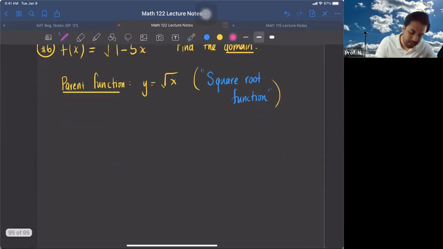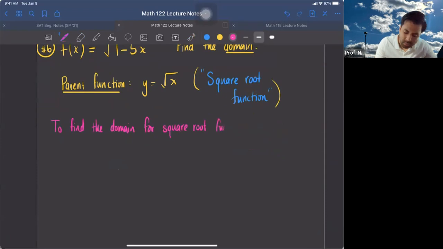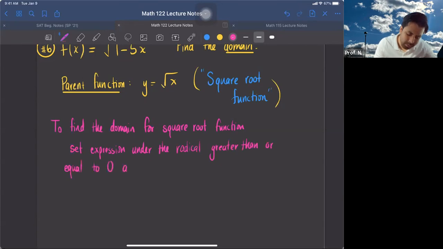So to find the domain for a square root function, set the expression under the radical greater than or equal to 0 and solve for x.